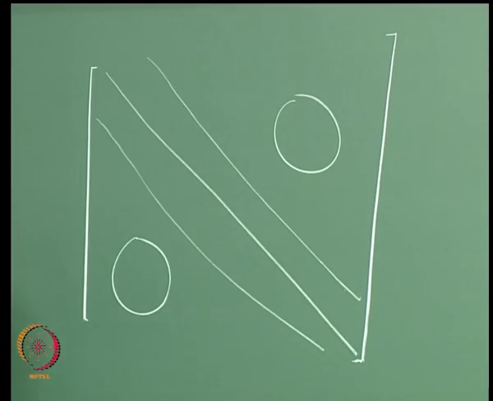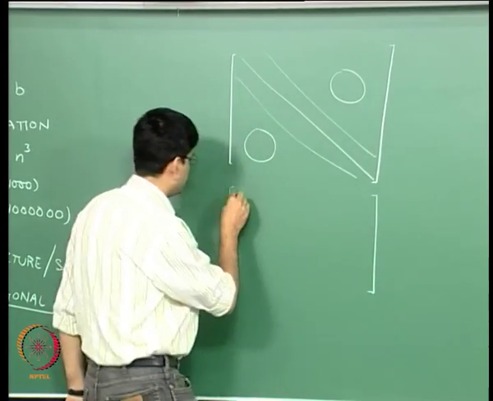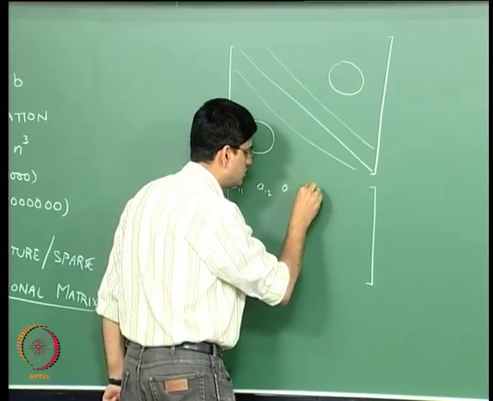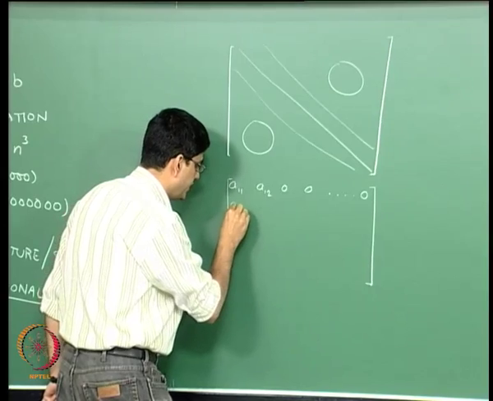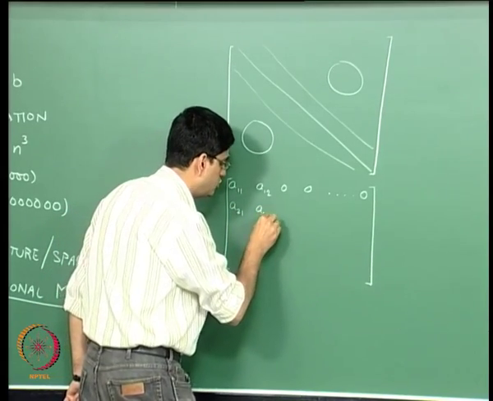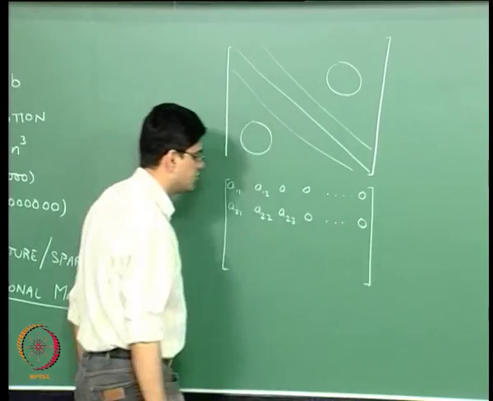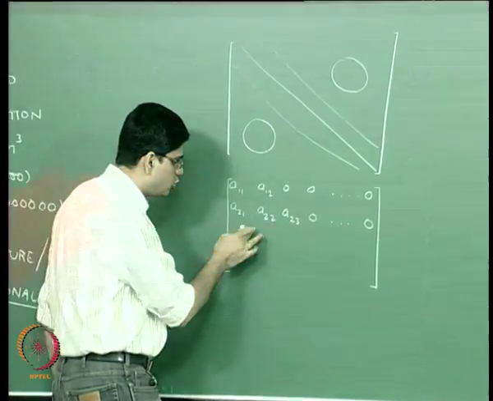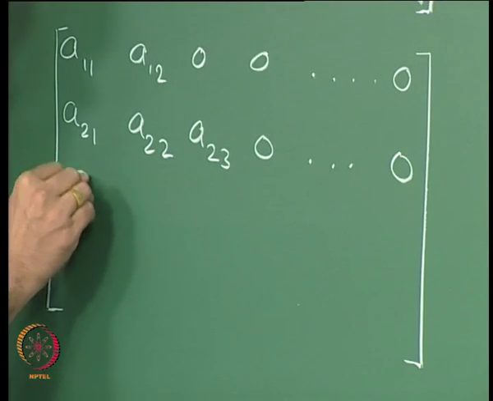An example of this could be a matrix with A11, A12, 0, 0 and so on up to 0, then A21, A22, A23, 0 and everything else is going to be 0. Now this particular element is two locations off the diagonal, therefore it is going to be 0.